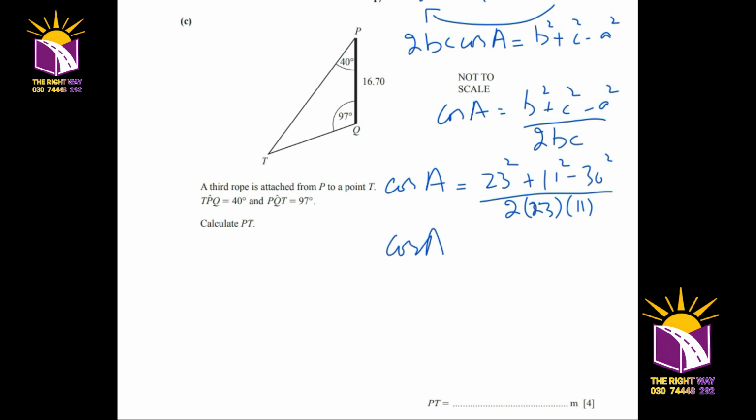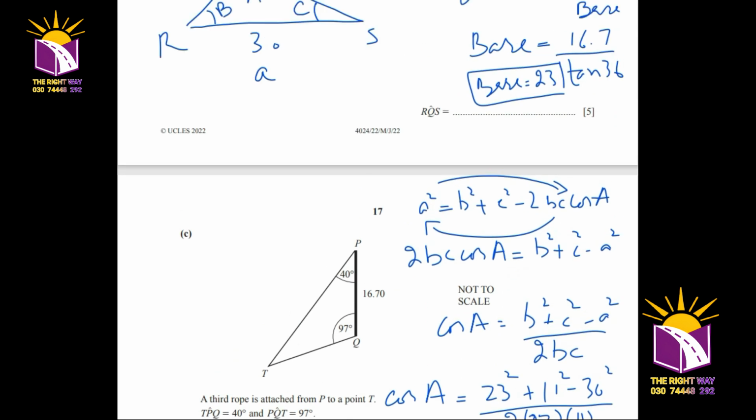So cos A will become 23 square plus 11 square minus 30 square divided by 2 times 23 times 11. Shift cos, the answer A will be equal to 119.6 degrees. Your angle will be 119.6 degrees. Okay, writing the answer 119.6 degrees.